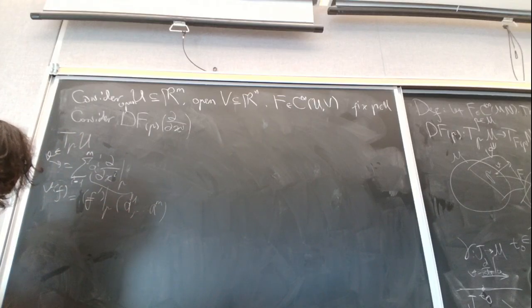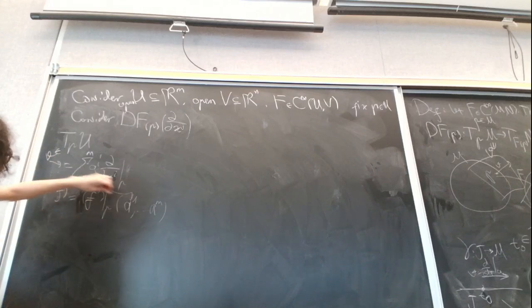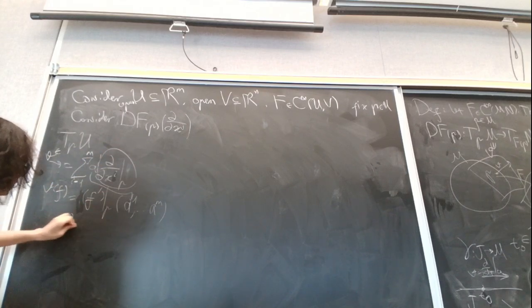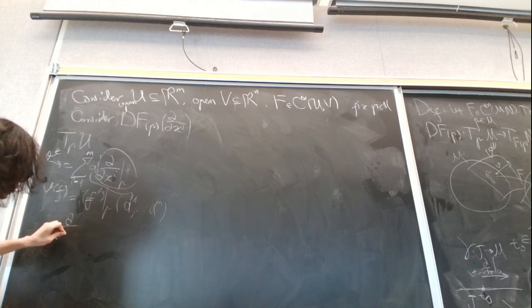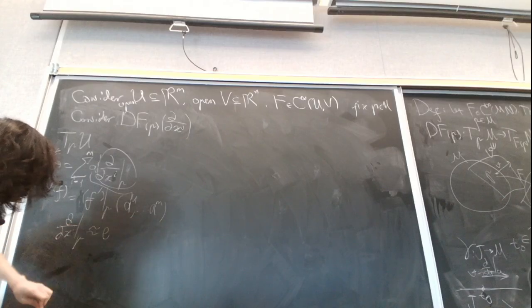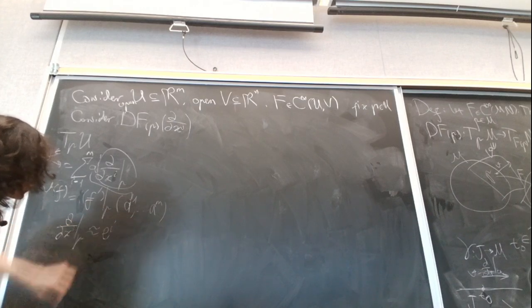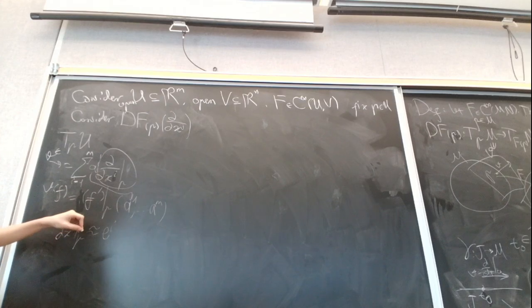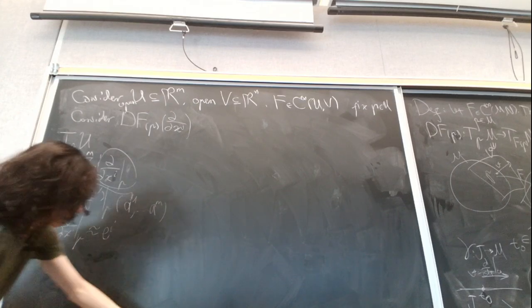So you can think of these basis vectors, partial xi at p, as similar to the ith basis vector, because this is just applying the ith basis vector to the Jacobian.